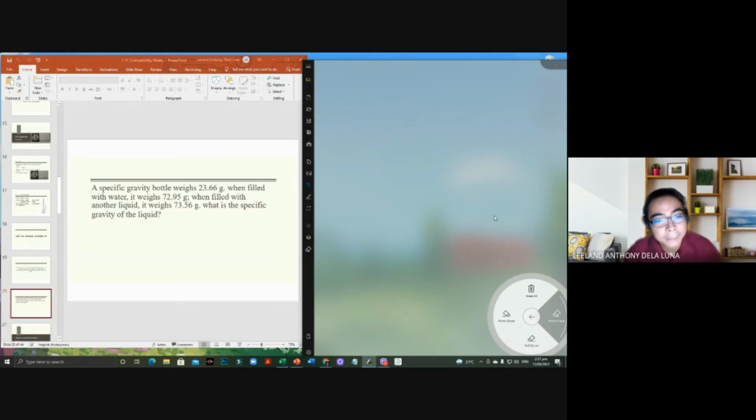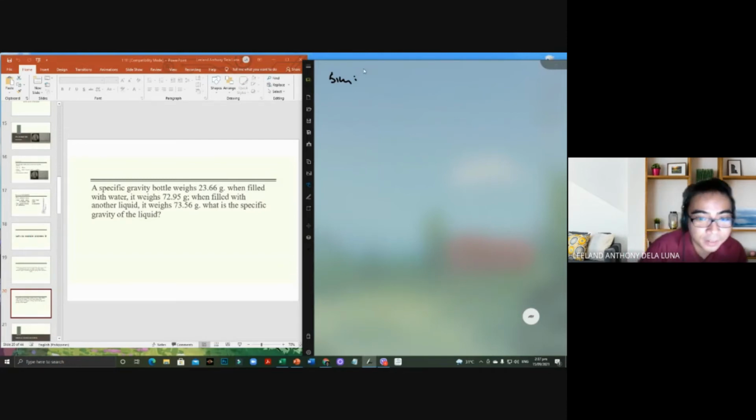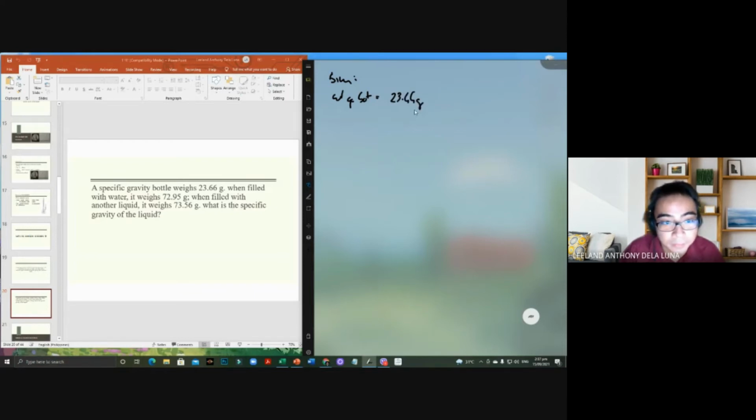Okay, of the liquid. So basically, class, ganun ulit. Right? So pretty much the same. Okay, so ano ulit ang given natin dito? Okay. Now this time, class, we're just given here weights. So ang bote natin is weight of bottle, 23.66 grams. Okay?